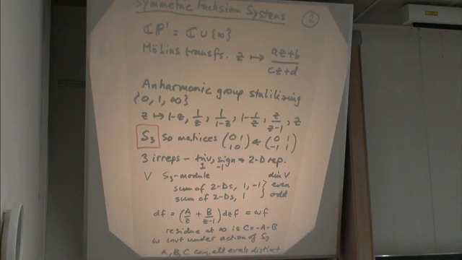That's acted on by this group of complex Möbius transformations. And then you have this group, which you can look up on Wikipedia, the anharmonic group, which stabilizes 0, 1, and infinity. And you know that any Möbius transformation can take any 3 distinct points to any 3 other ones. So this is kind of a canonical thing.